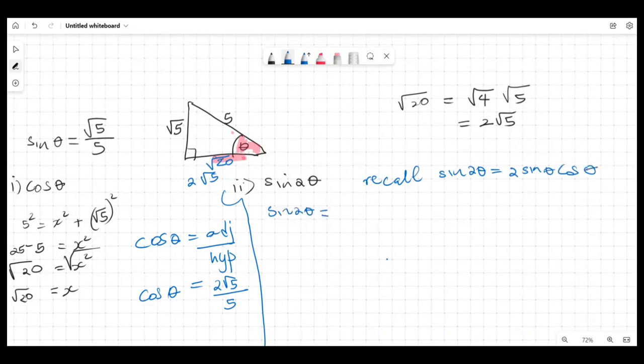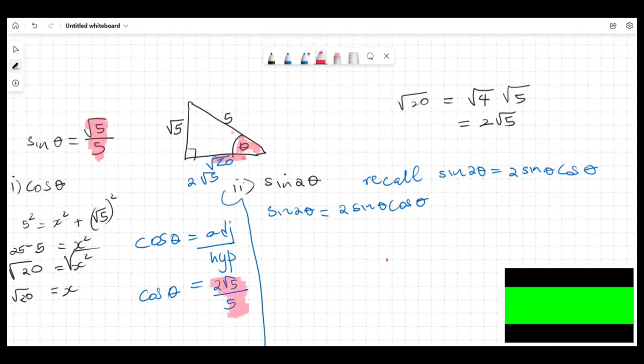And then I would have those values because remember, sine theta is root 5 over 5 and cos theta is 2 root 5 over 5.